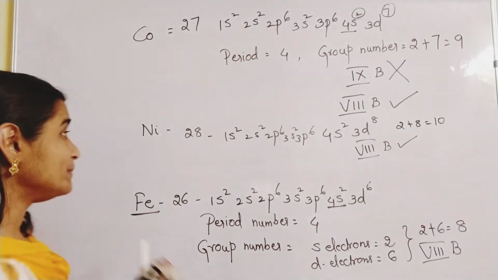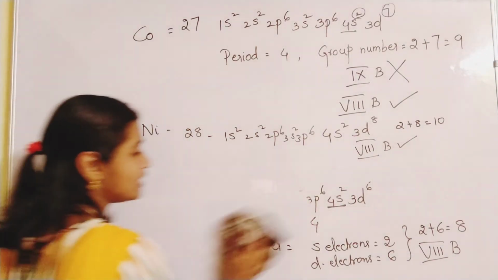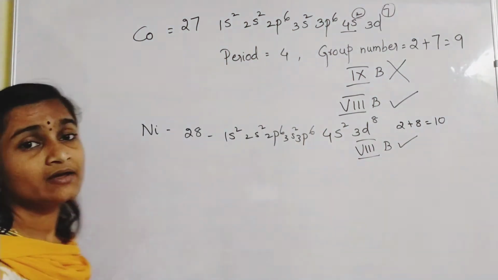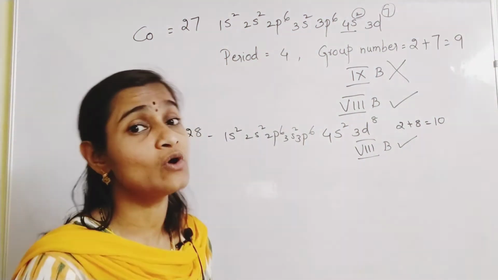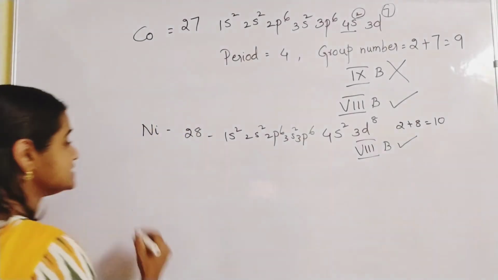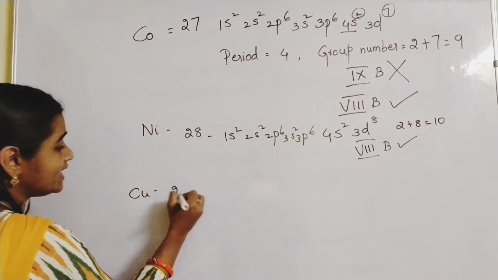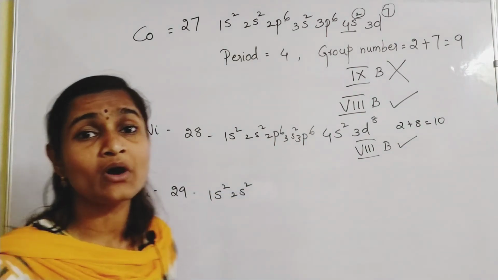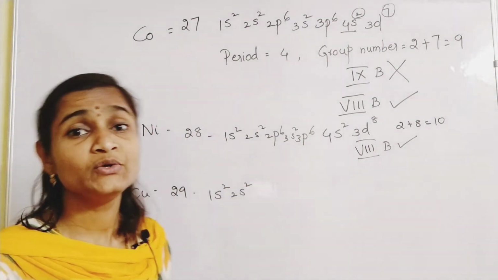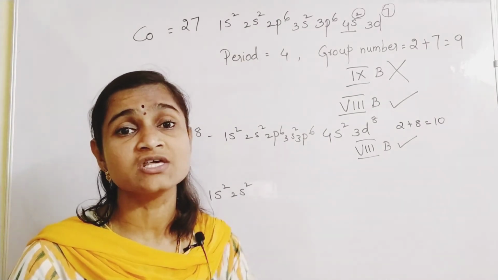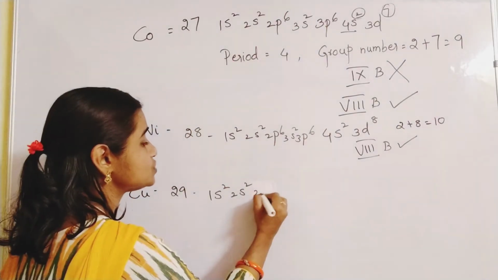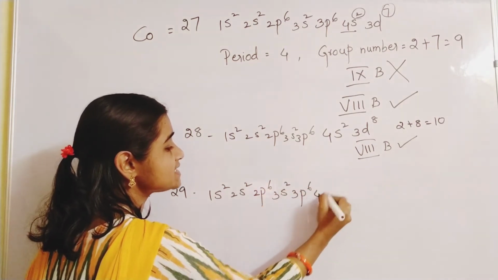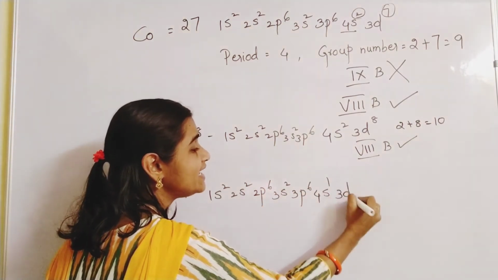Now coming to copper and zinc. How to identify the group number for copper and zinc? Copper, as you all know, has atomic number 29 and an anomalous electronic configuration: 1s2 2s2, 2p6, 3s2, 3p6, 4s1, 3d10.